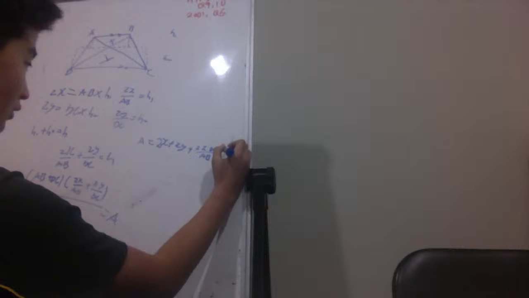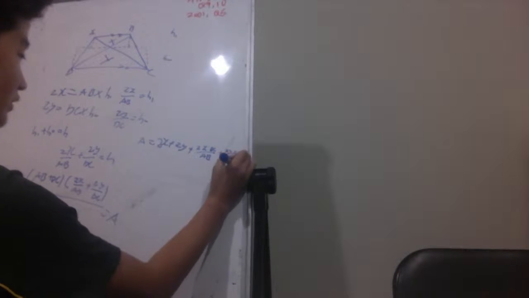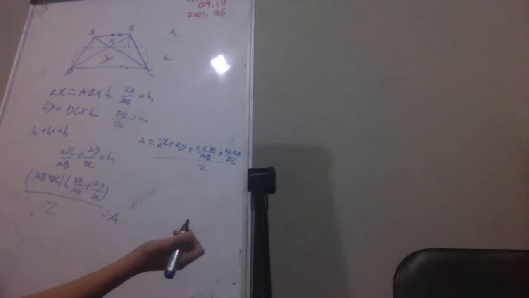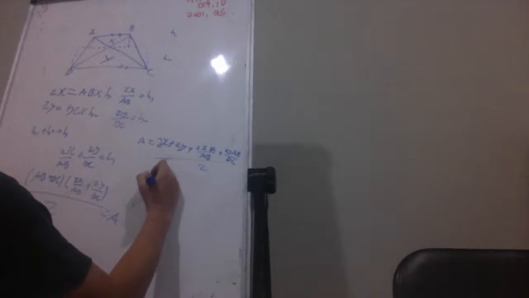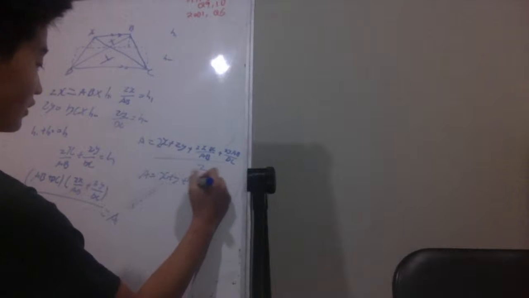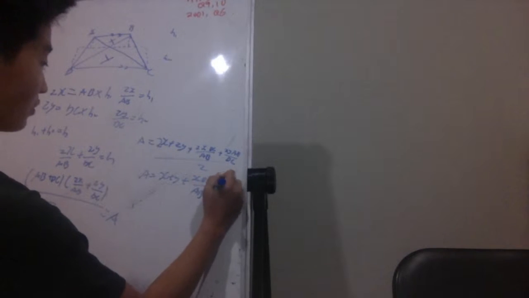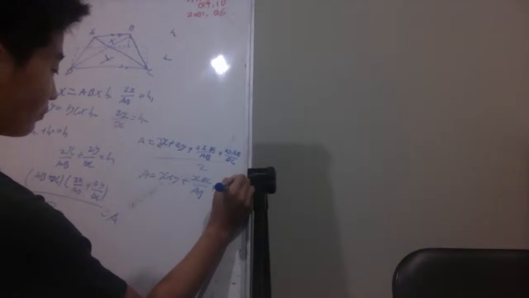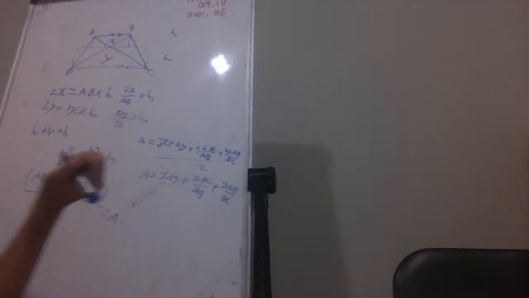So that is equal to x plus y plus x DC over AB plus y AB over DC.